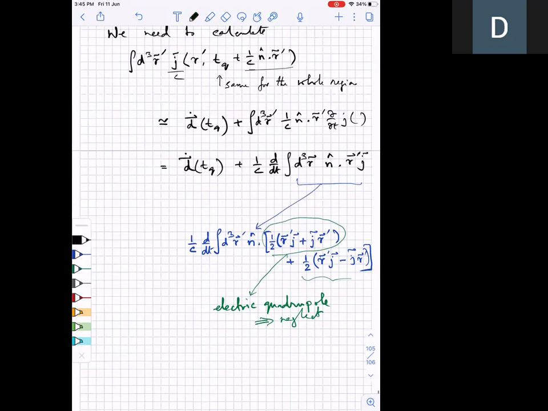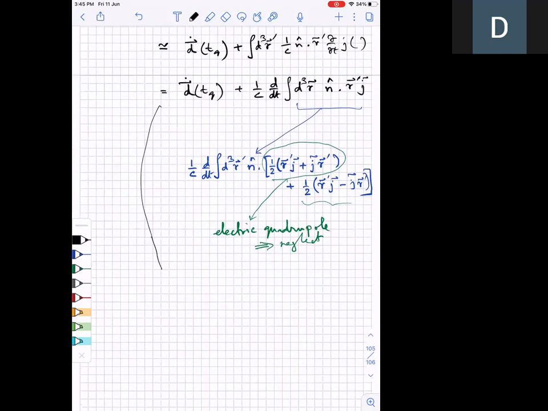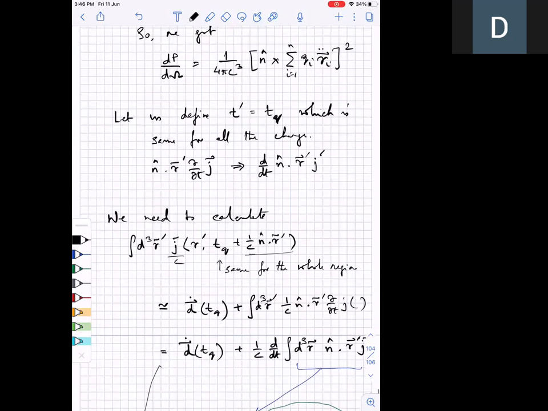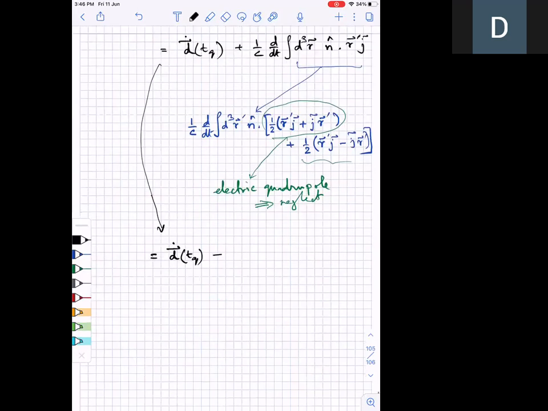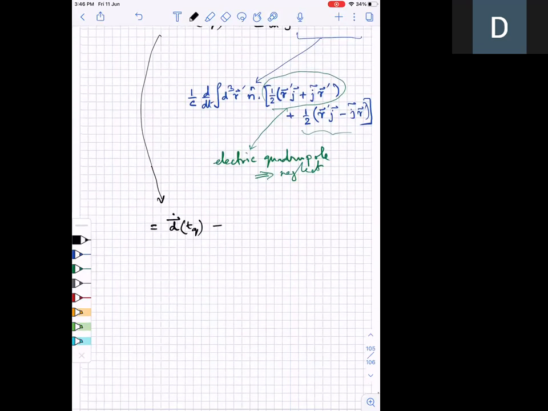Therefore, this thing that we had over here becomes equal to, first we have d dot of dq plus, sorry, this plus will become minus, due to the vector algebra, which will give you a minus sign actually. d dt of d cubed r prime n cross 1 by 2c r cap cross j cap.